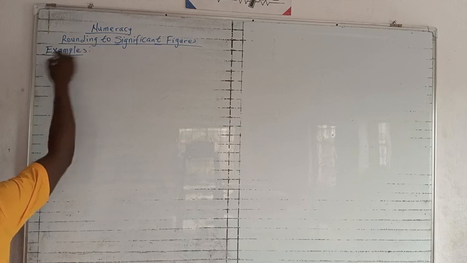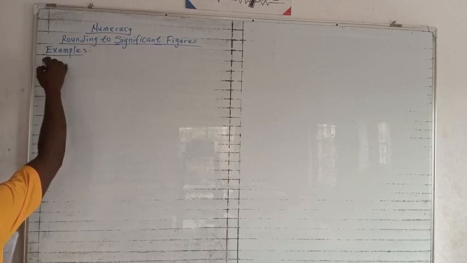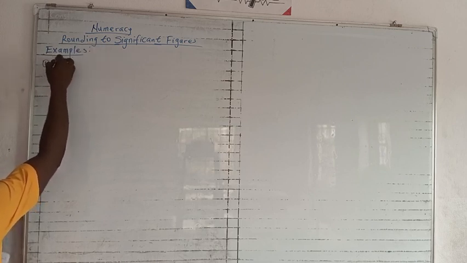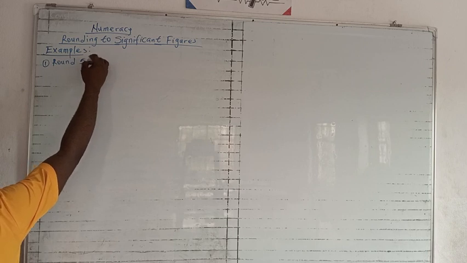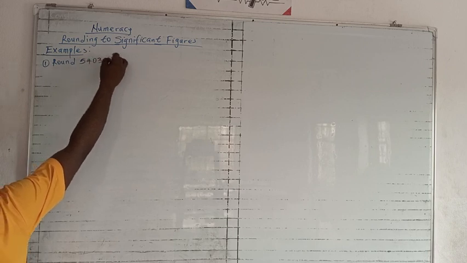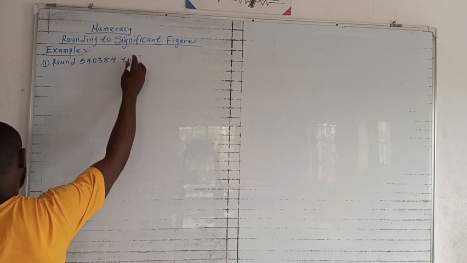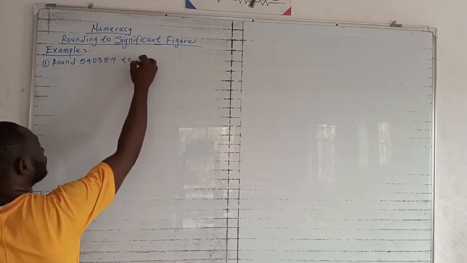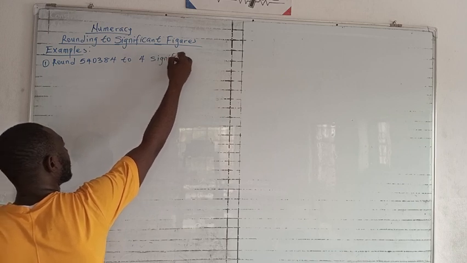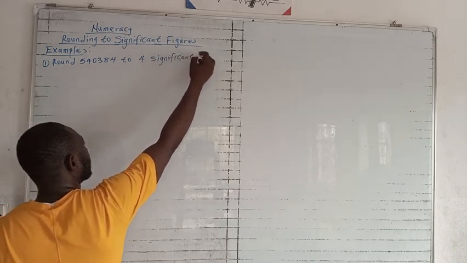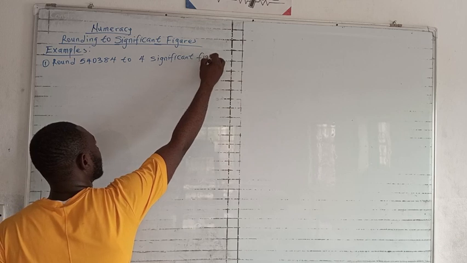Example 1. Round 540,384 to four significant figures.